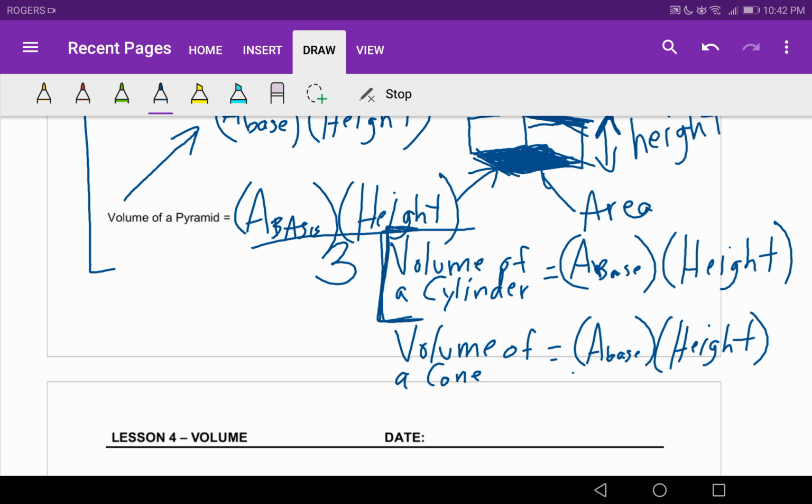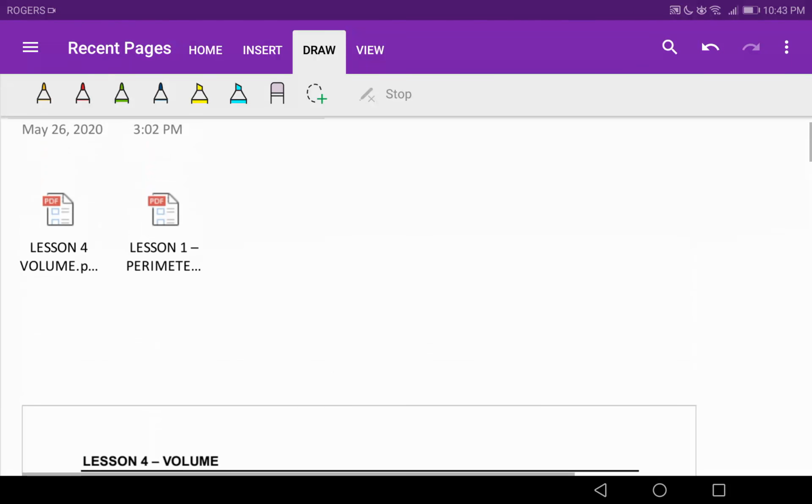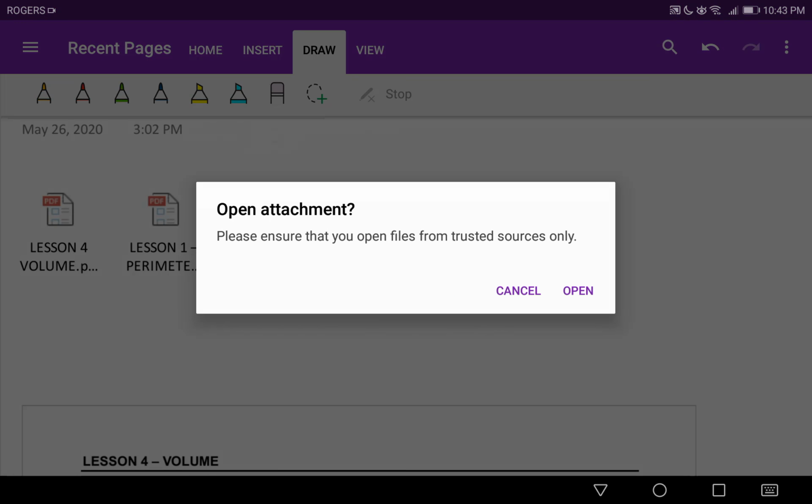So you take your area of the base times height and divide by 3. So for pyramids and cones, you always divide by 3. And for cylinders and prisms, you just keep it as area of the base times height. If I go back to our formula sheet, you will see that same idea occurring. I want us to understand our formula sheet.